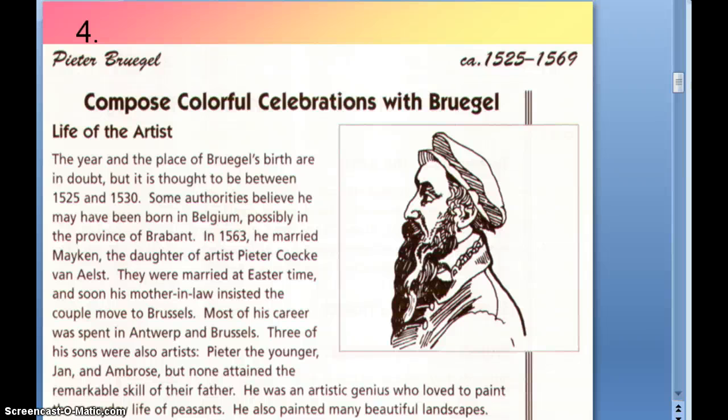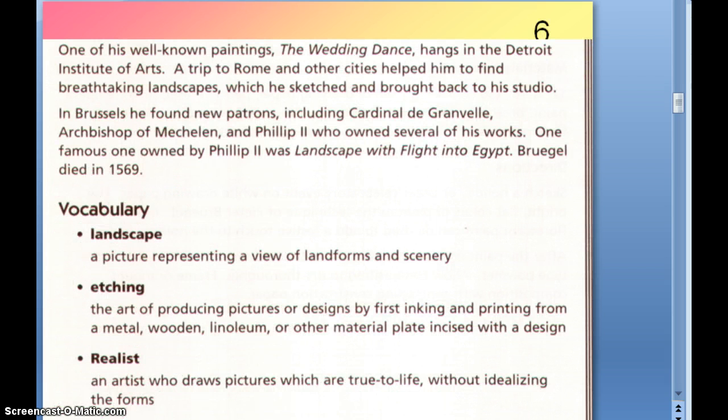Three of his sons were also artists, Peter the Younger, John, and Ambrose, but none attained the remarkable skill of their father. He was an artistic genius who loved to paint the everyday life of peasants. He also painted many beautiful landscapes. One of his well-known paintings, The Wedding Dance, hangs in the Detroit Institute of Arts.